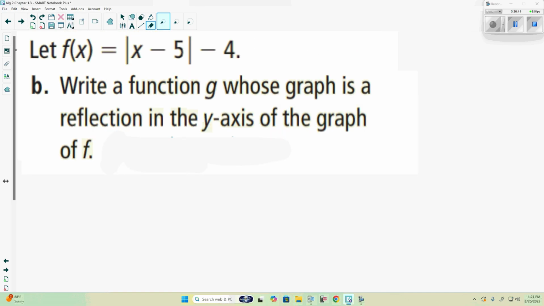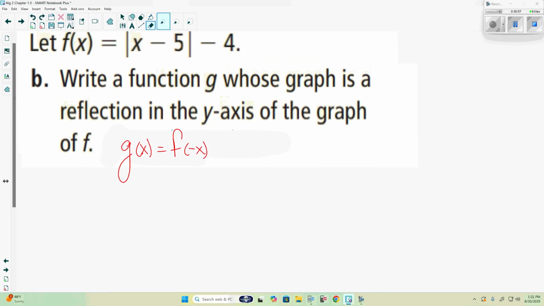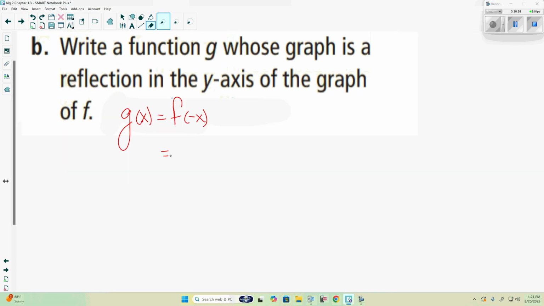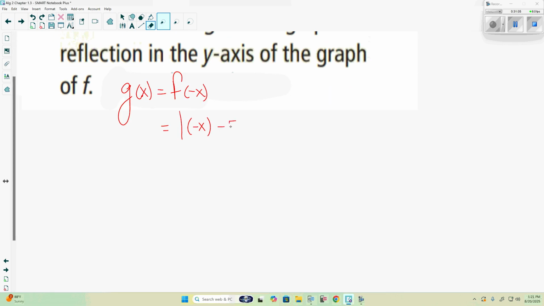Let f of x equal the absolute value of x minus 5 minus 4. We want to do a reflection in the y-axis. So we'd say g of x is equal to f of negative x, yes? So this is going to equal the absolute value of negative x minus 5 minus 4.